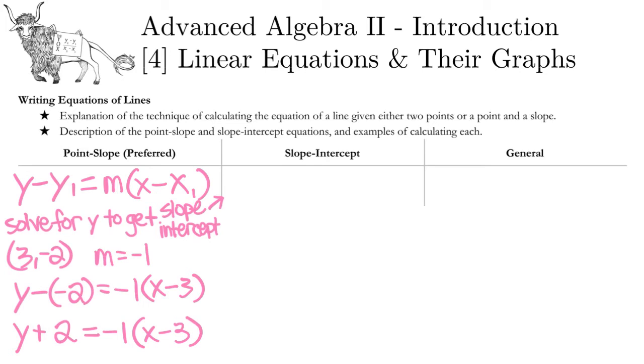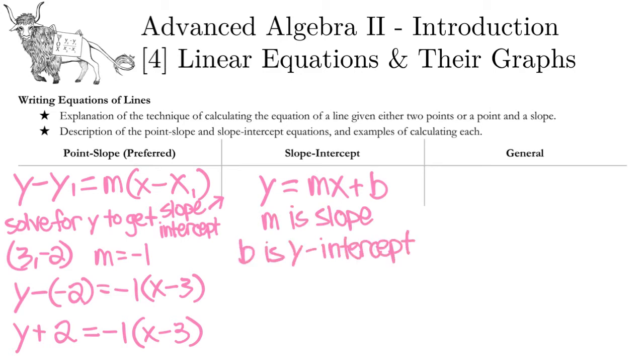The formula for slope-intercept is y equals mx plus b. M is the slope, and b is the y-intercept. The y-intercept is the point at which the line crosses the y-axis, so that point is (0, b). Let's solve that point-slope equation we were just working with.